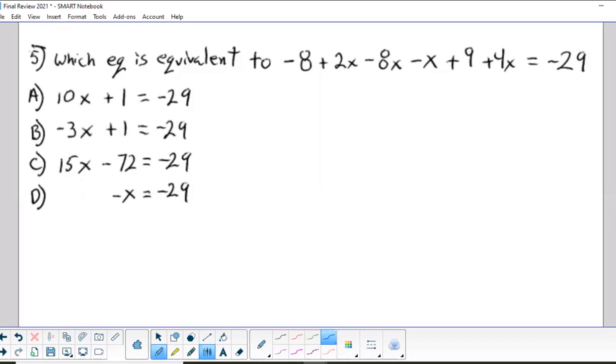Combine like terms. Okay, so I'll put together my positive x's because I like to do that. 2x and 4x. How much is that? Okay, that's 6x. Now, what about my negative x's? How much is that?